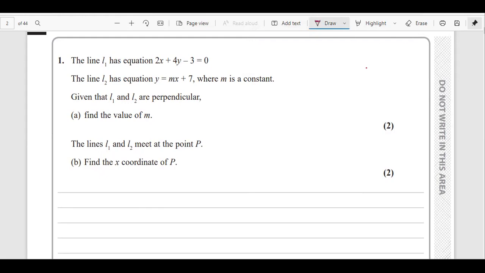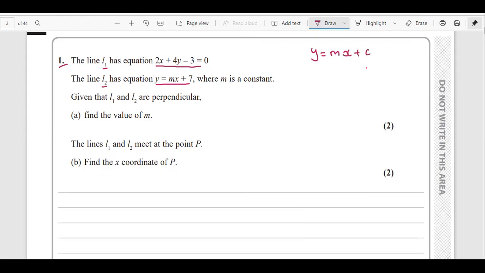Yeah, miss. Okay, so let's read this first question. The line L1 has equation this. The line L2 has equation this. Now we already know that any straight line has equation of this form: y equals mx plus c. So far we haven't read the question.